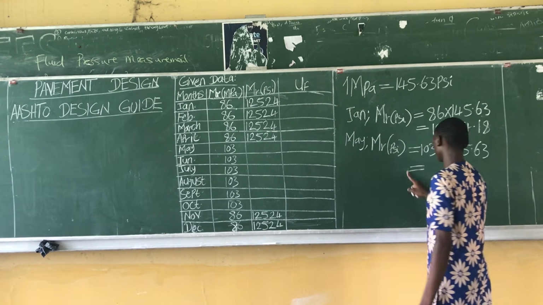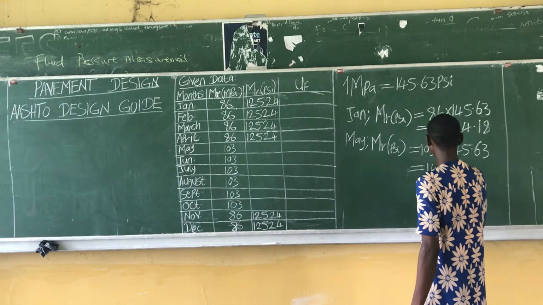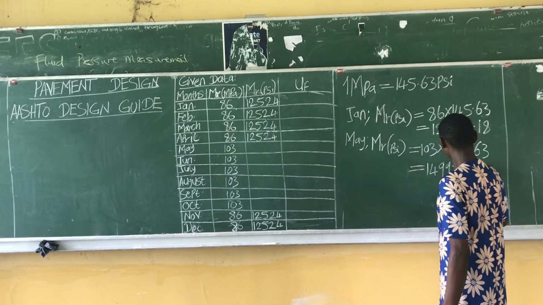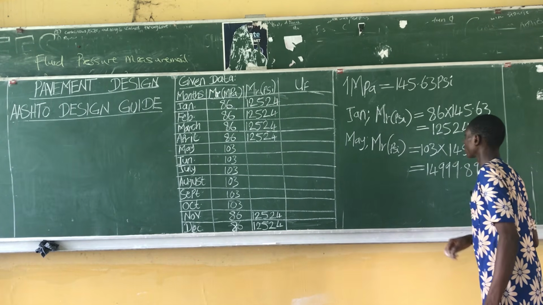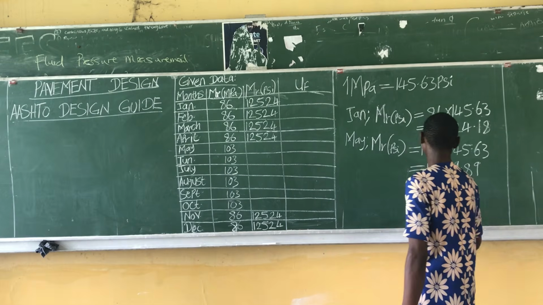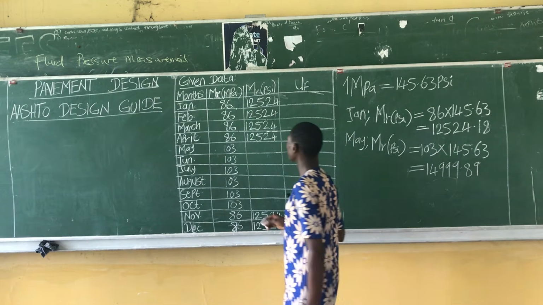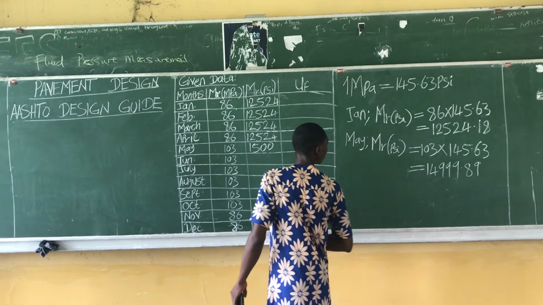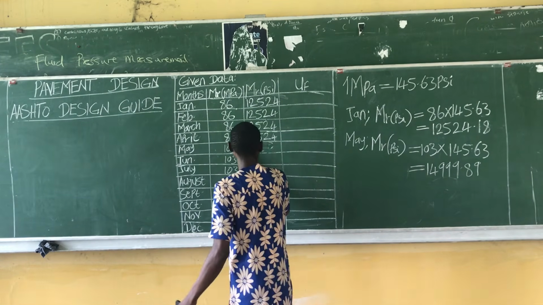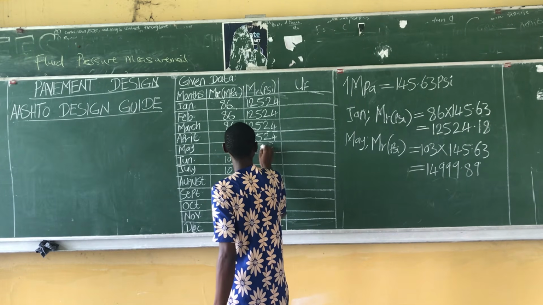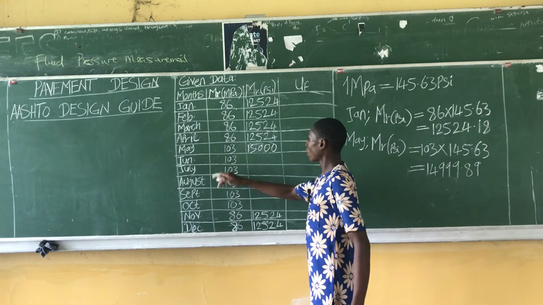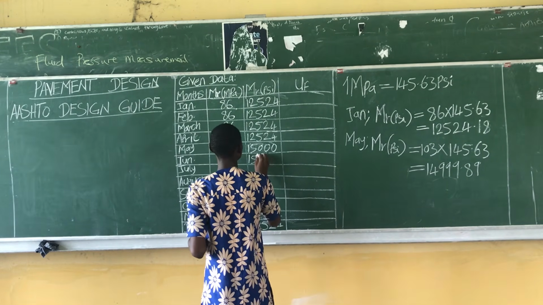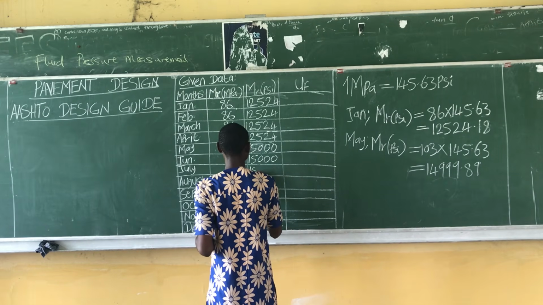That's equal to 14999.89, so we can go with this to be 15,000. So for the month of May it is 15,000. June to October is the same value, so we simply have 15,000 for the respective months.